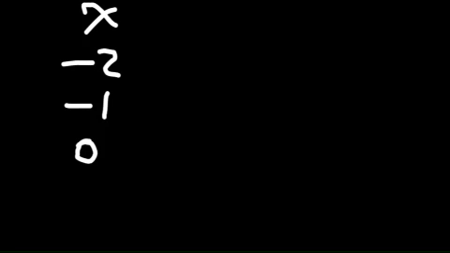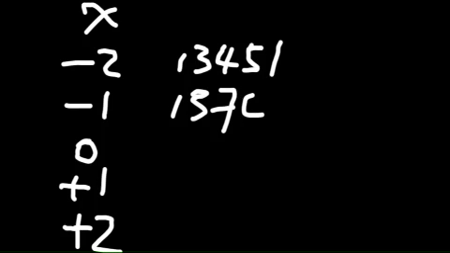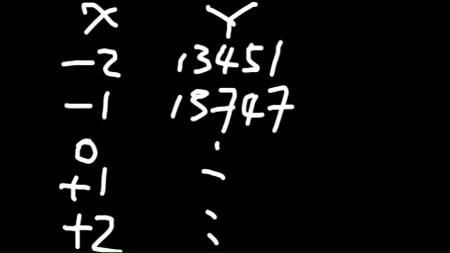So your x variable will be the coding of your year: -2, -1, 0, +1, and +2. For 2005, this is -2, and the sales is 13451. The next one, 13747, 1 by 1. And this sales is your y variable.